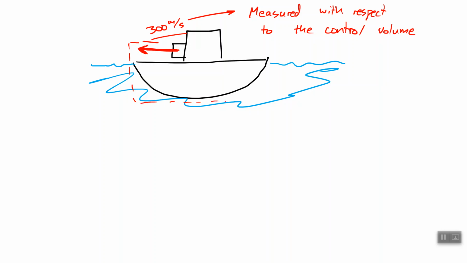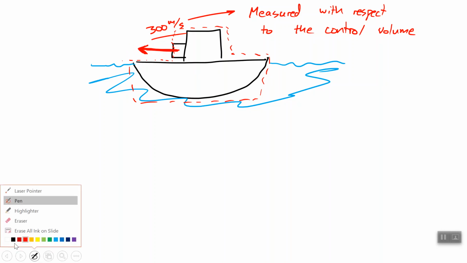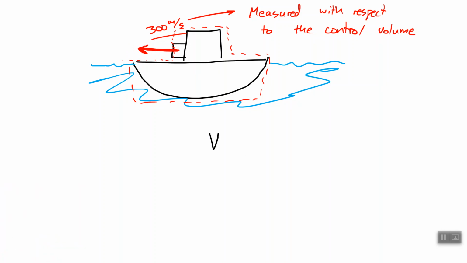Well, guess what? The nozzle, we can draw this like this. Let's draw our control volume to end at the nozzle. So that is the speed at which the air is crossing the control volume. So the relative velocity is negative 300 meters per second i hat.